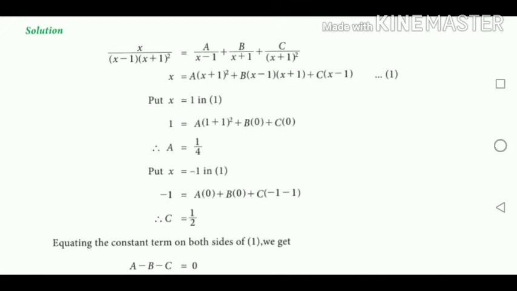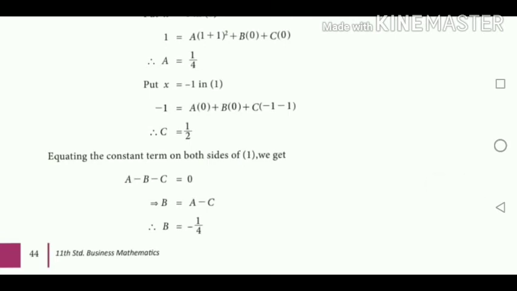Okay, what is a constant? The number which is having no variable. That is, for example, 2x is not a constant, whereas 2 is a constant. In 2x plus 2, the constant term is 2. Okay, so likewise (x plus 1) whole square means x square plus 2x plus 1. So here 1 is a constant. b into (x minus 1) into (x plus 1) means 1 into minus 1.